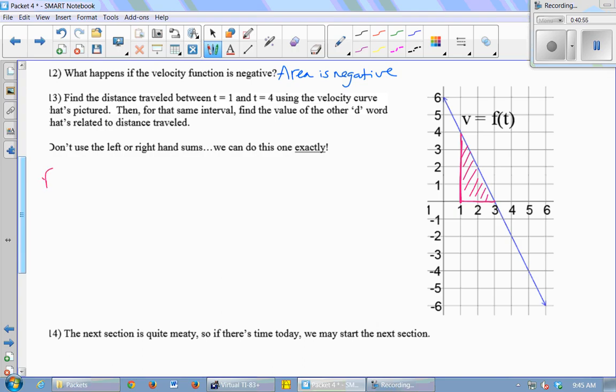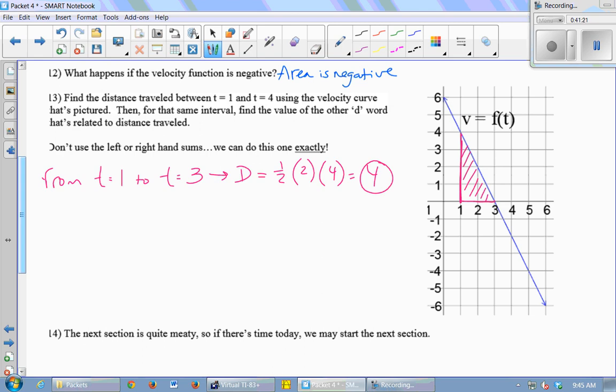So from t equals 1 to t equals 3, my distance traveled is 1/2 times 2 times 4, which is 4. There's no units given. I traveled 4 units from time 1 to time 3.